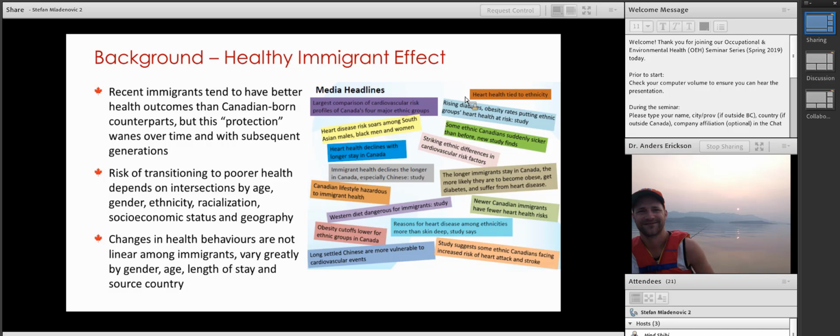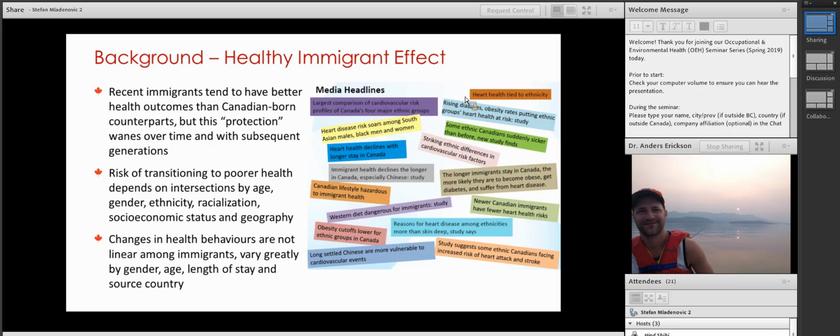Some researchers have looked into whether it's a behavior. As immigrants live in Canada, do their behaviors start shifting towards more Canadian risk behaviors, such as potentially eating less healthy foods, smoking, drinking more, all the things we enjoy in Canada maybe.